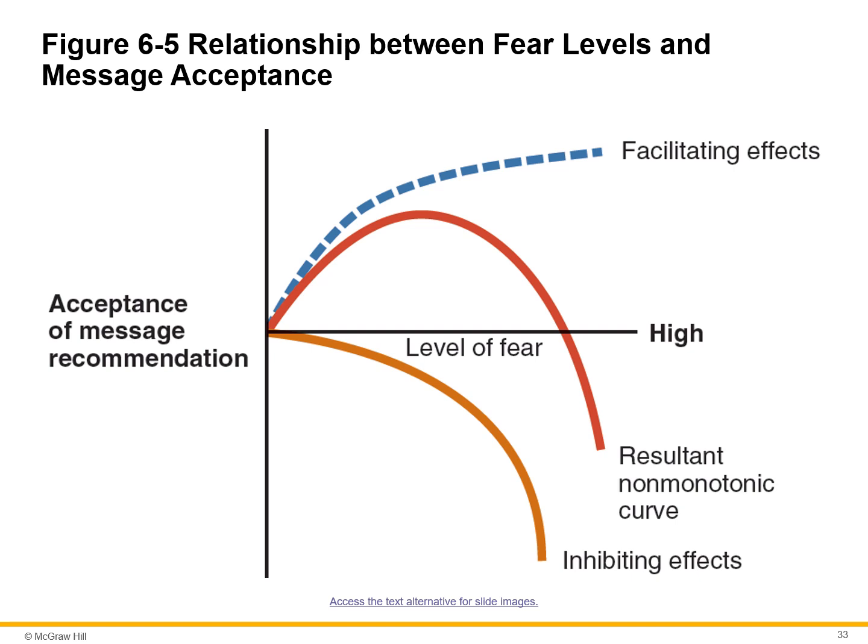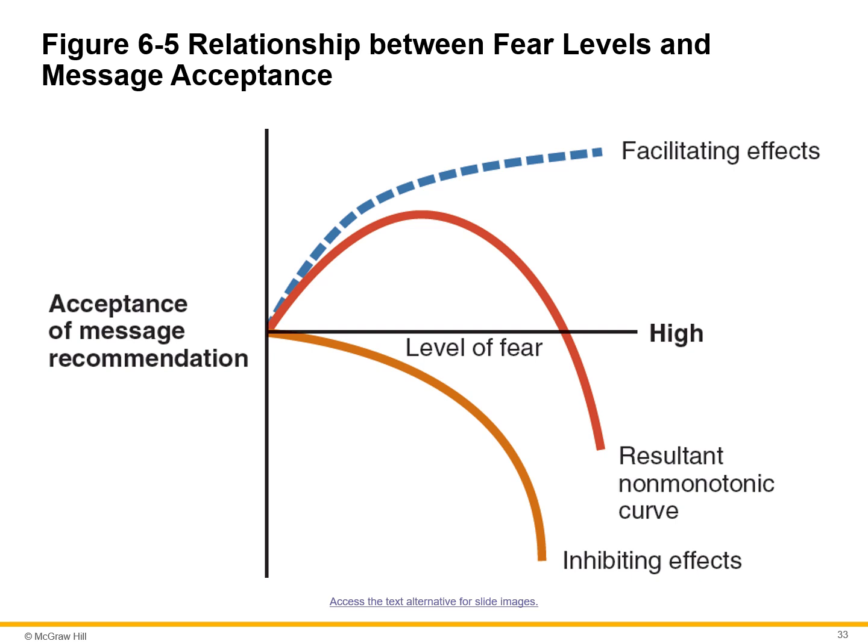Remember, there's also the inhibiting effect, the lower brown line: the higher the level of fear, the lower the acceptance of the message recommendation.